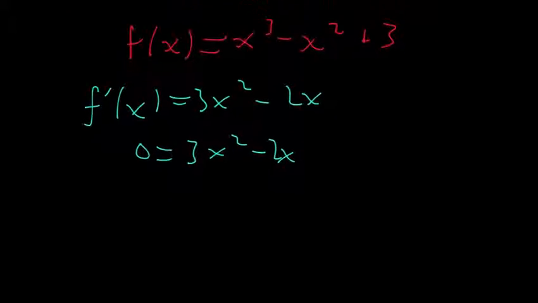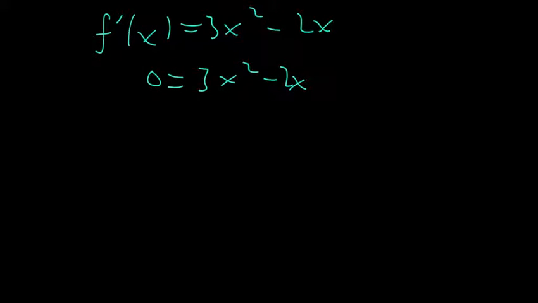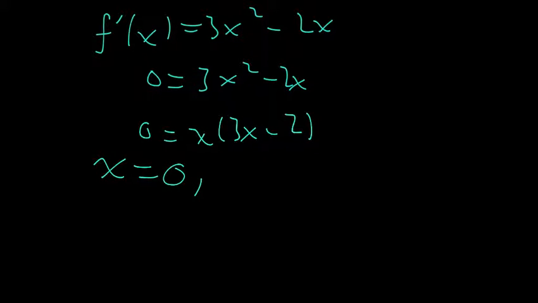This is just like solving a normal quadratic function now. So we can factor out an x and get 0 equals x times 3x minus 2. And we get that x equals 0 and 2/3. So this is where the critical points are happening.